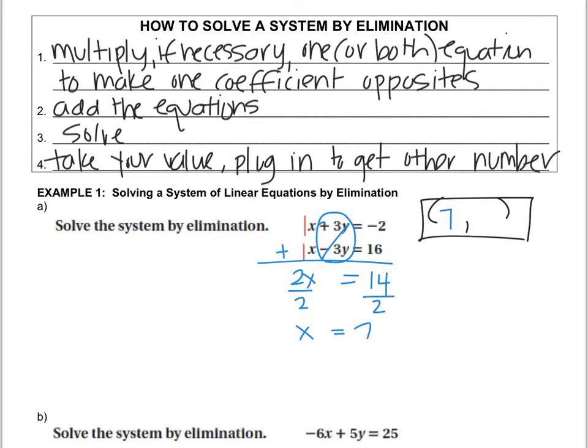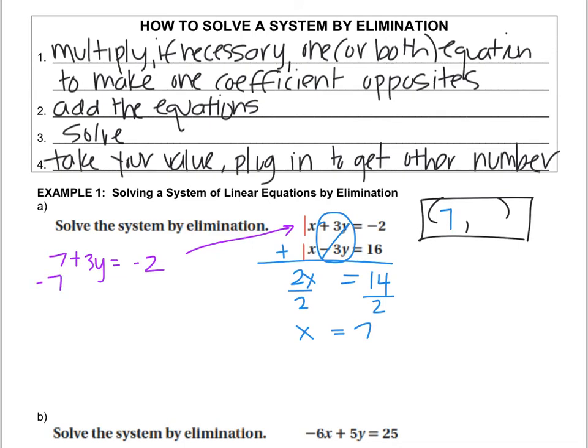Now I need to do step 4, which is take my value, 7, and plug it in to get the other number. You can pick whichever original equation you want. I'll just take the top one. So I'm going to rewrite this top equation, but I'm going to write 7 plus 3y equals negative 2, because instead of x, I'm going to put a 7. Now you just get the other number.